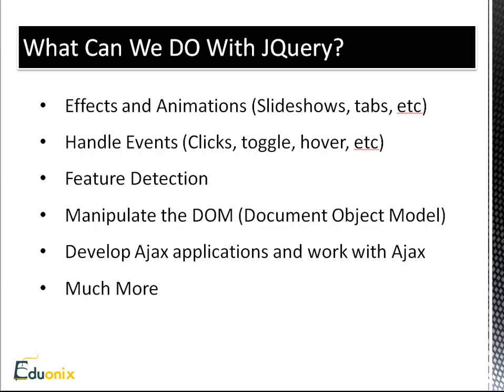And as I said, jQuery is used to manipulate the document object model. We can use jQuery along with Ajax and build Ajax applications, and there's just a ton of other stuff you can do with jQuery.